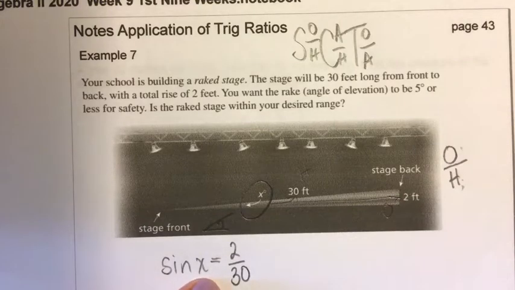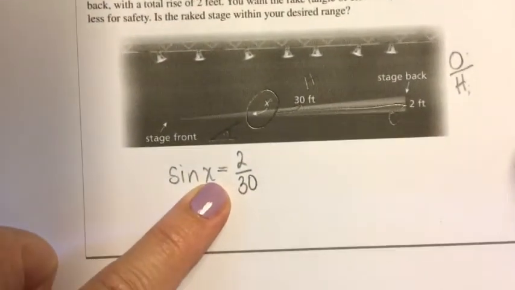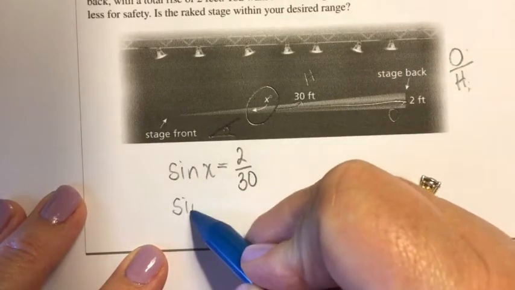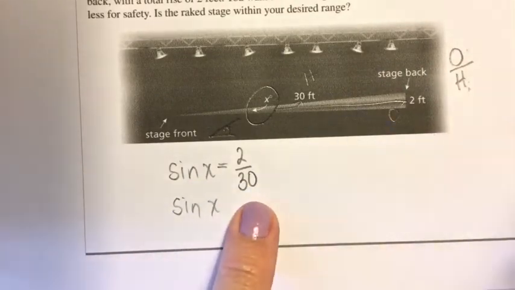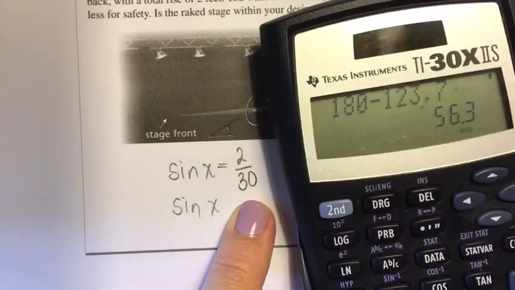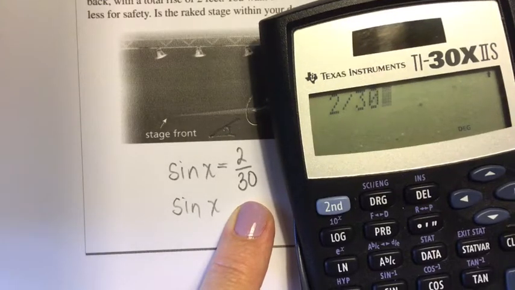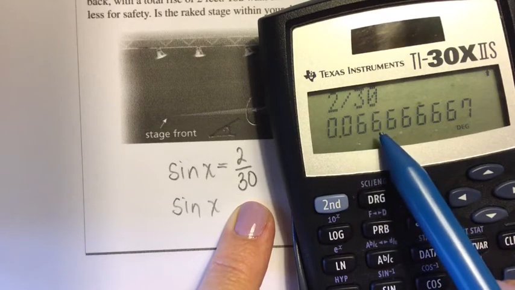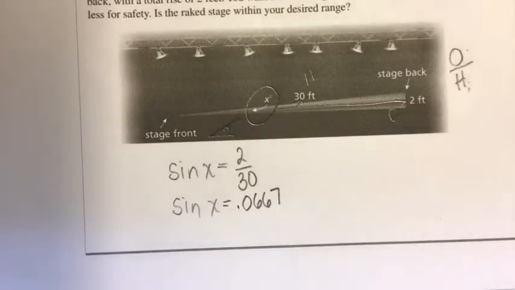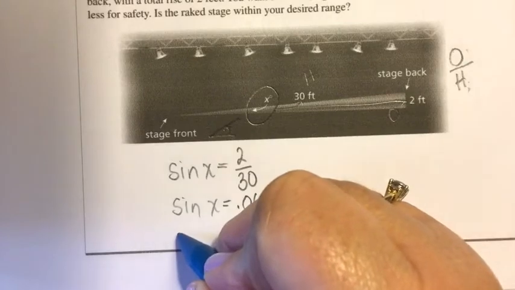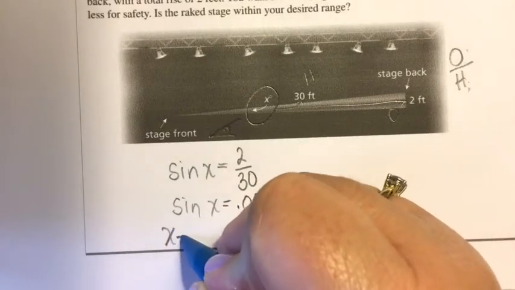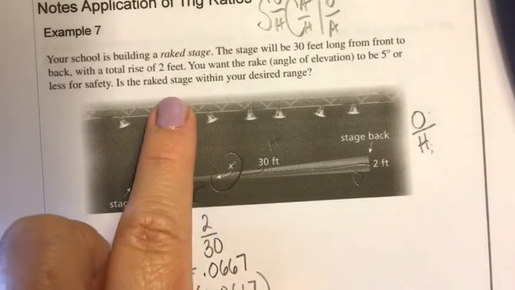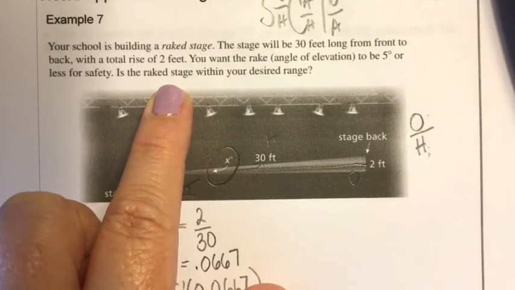To find angle X, I need to do the inverse sine. First, I need a decimal approximation for 2 over 30. 0.0667. Now I can do inverse sine. My angle X is going to be, note that this question here is a yes or no question.